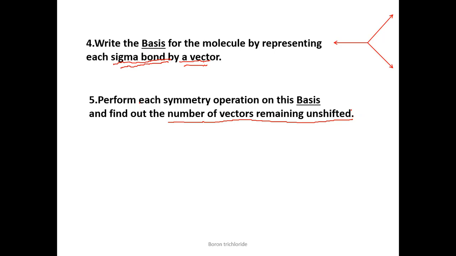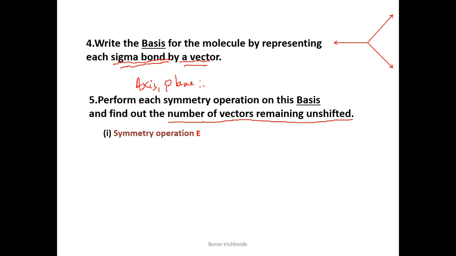There is a general thing which you should remember for any element of symmetry, be it axis or plane. During the corresponding symmetry operation, rotation or reflection, whatever vectors are present on the axis or plane will not get shifted. All the vectors remaining directly in the axis or plane will not get shifted.